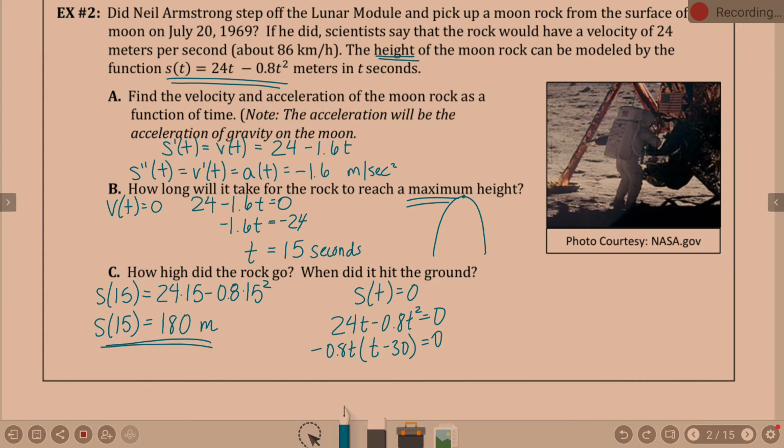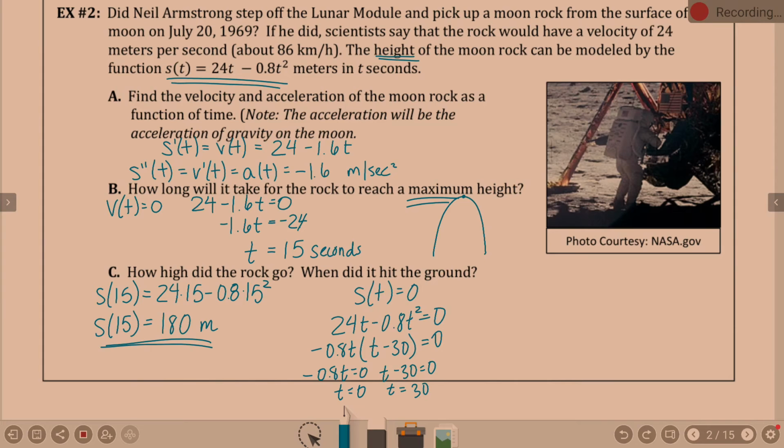Because the idea, the algebra behind it is you set what? Both parts equal to 0, right? And so when you set both parts equal to 0, I'm going to end up with t equals 0 and t equals 30. Which answer do I need here?